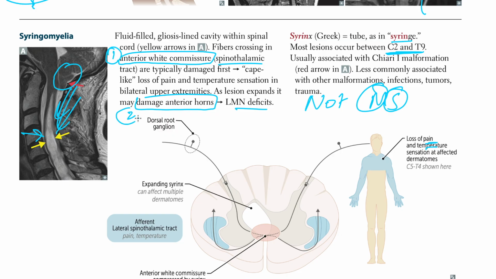The third thing, which they haven't mentioned here, is if it messes up the lateral horns. Because slowly and gradually it's just going to increase in size and mess up more and more. When you mess up the lateral horns, that is going to give you Horner syndrome.